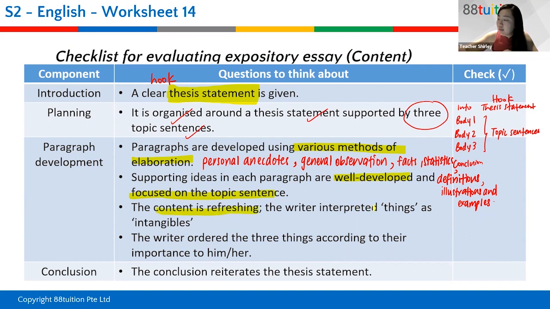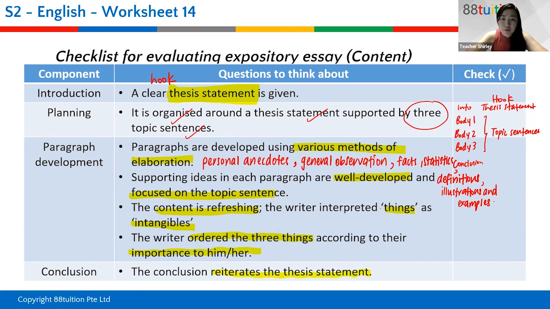And then you should also order the three things according to their importance. So you have three body paragraphs, right? 1, 2, 3. So you can start from the most important, then the middle one, and then the least important. And then finally, the conclusion should reiterate the thesis statement. So this is what they mark you for content.